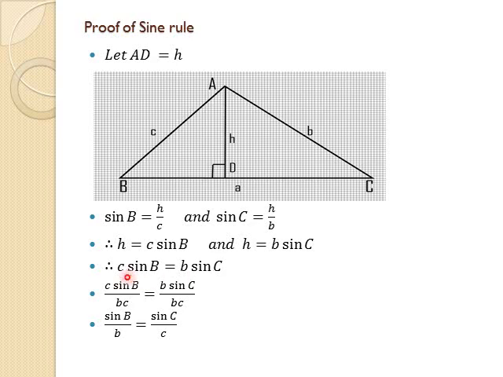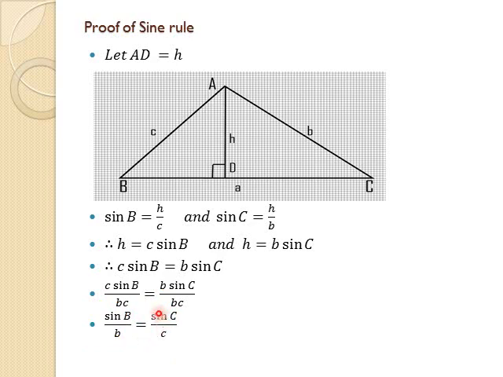So, I want to get rid of c and b there, so I'm going to divide by bc on both sides. So c sine B divided by bc equals b sine C divided by bc. c and c cancel, so I have sine B over b equals sine C over c because b and b cancel. So we have proved the first part of it.